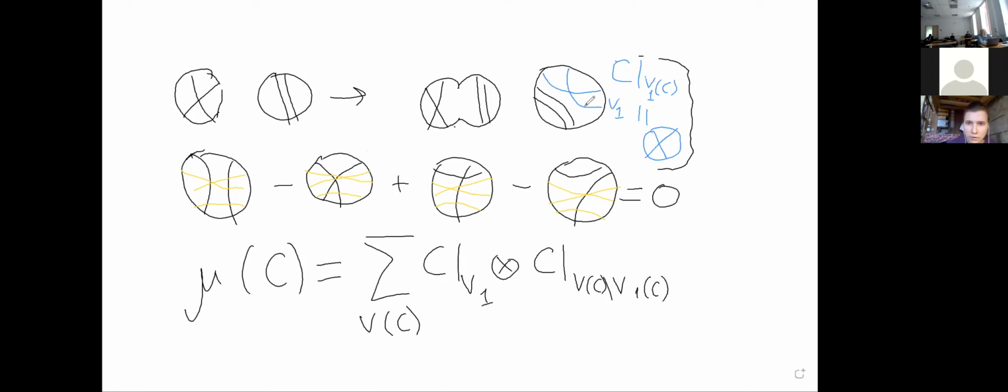Well, now I will speak about the map from chord diagrams to graphs. It's a very important definition in today's talk.